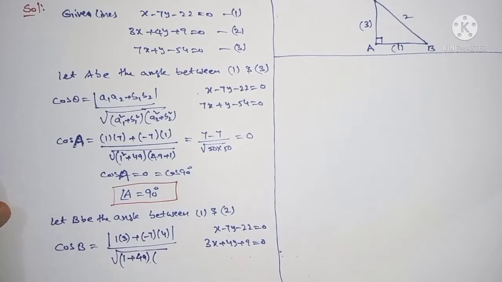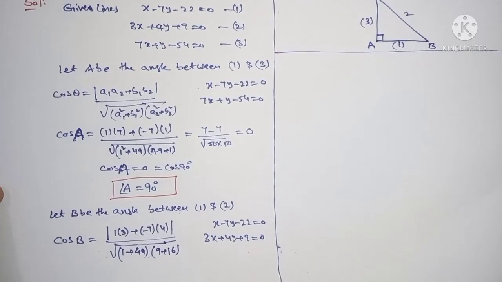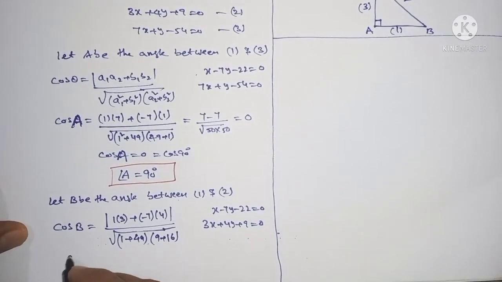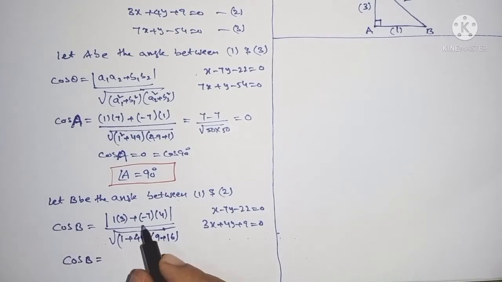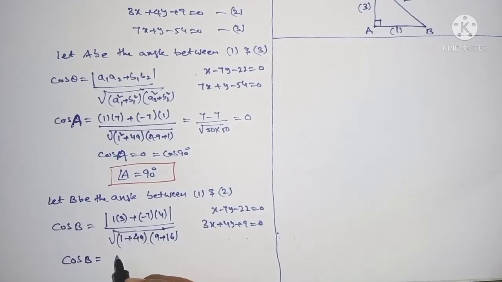What about the second one? 3 square is 9 plus 4 square is 16. Again cos B is equal to, listen here, therefore this is 3 minus 28 by root of 50 into 16 plus 9, that is nothing but 25.